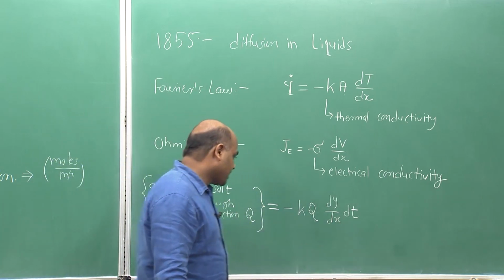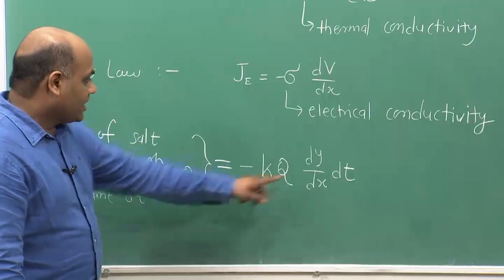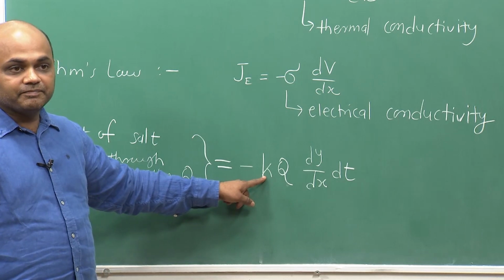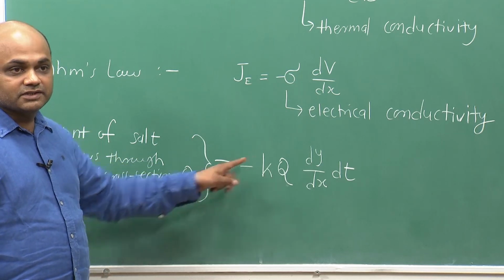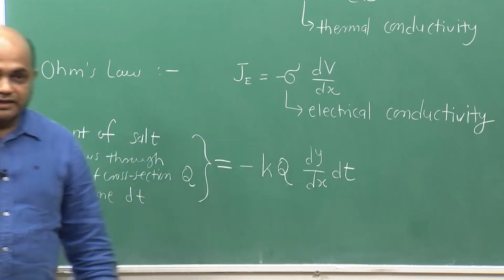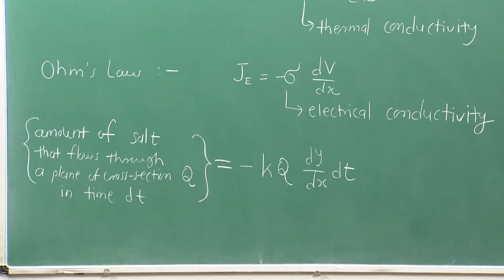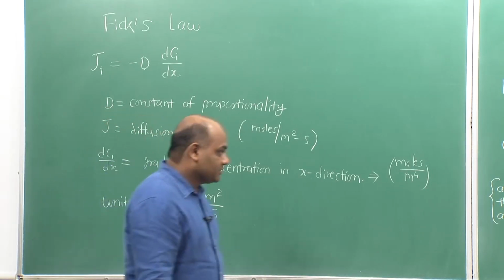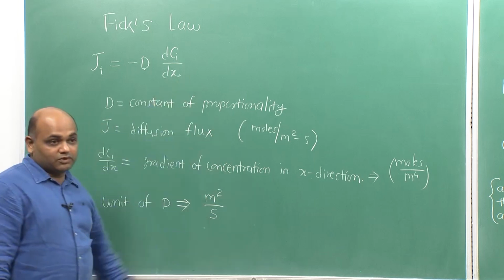If you take q and dt this side, and if you denote k by D, this equation takes the form which is popularly written today as Fick's law, J equal to minus D dC by dx. Obviously, now we denote concentration more generally with C.